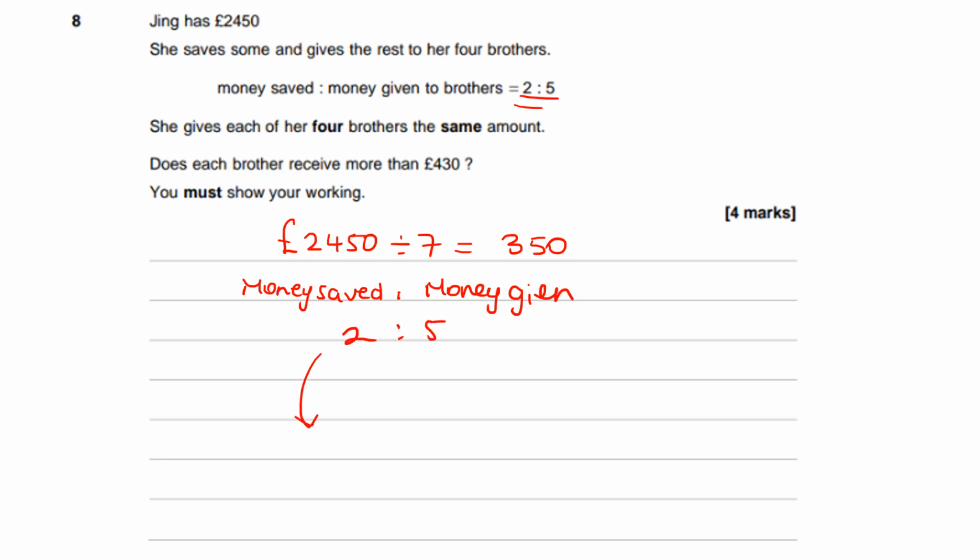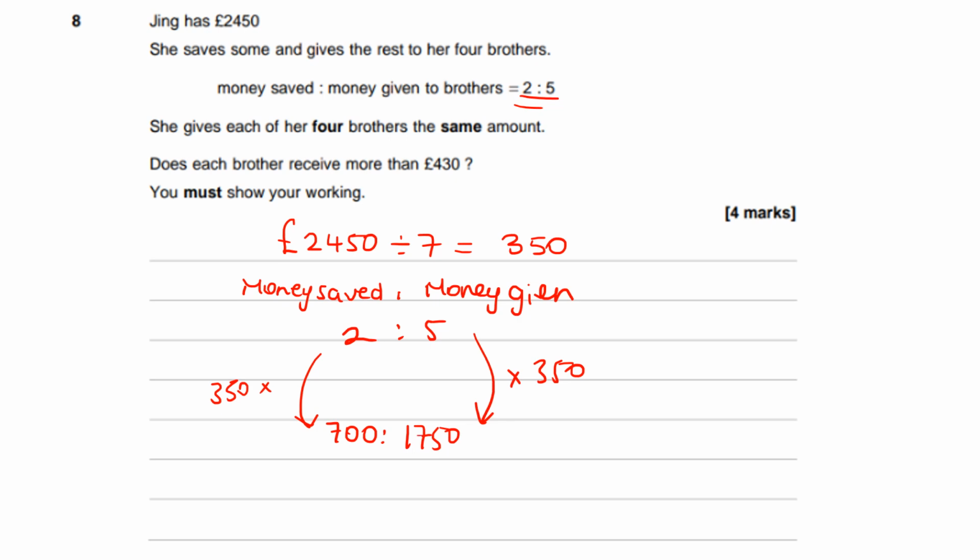I'm just going to times this with 350, times this with 350 to find out what 2 lots of 350 is going to be. So I know it's a calculator paper, guys, but I'm just doing it as I go along. 5 times 350 is going to be 1,750. Okay, so you can just check your answers. When you add these up, it should give you 2,450, which it does. So I did the calculation correctly.